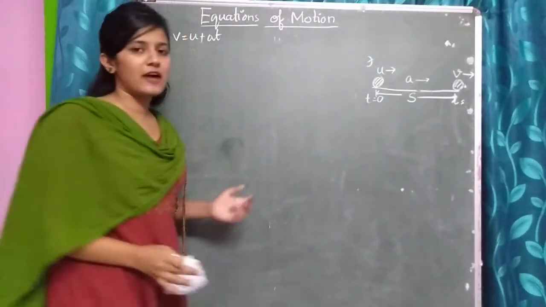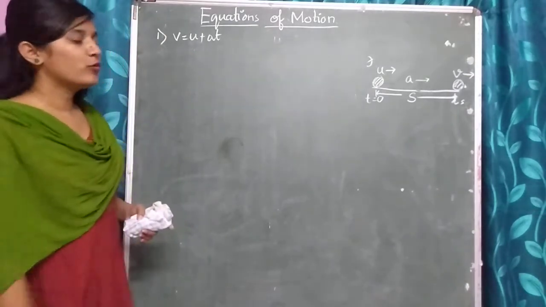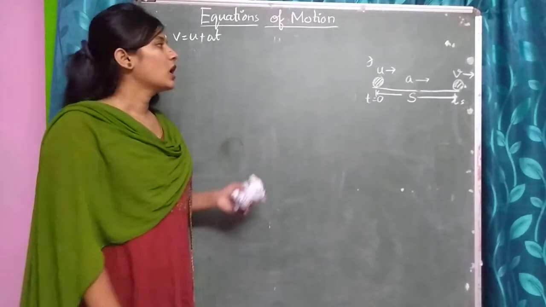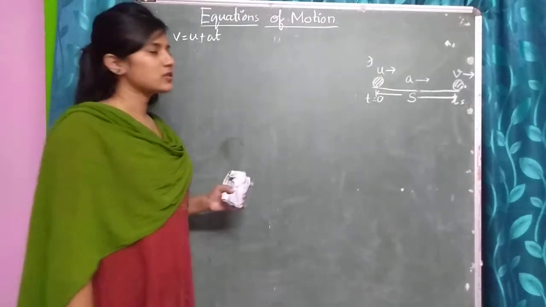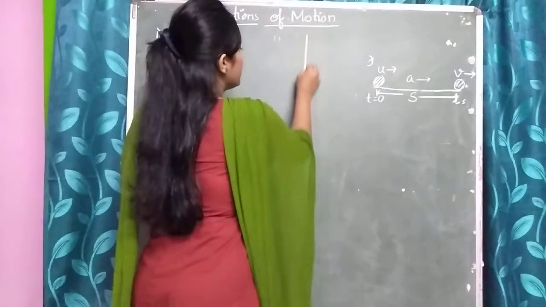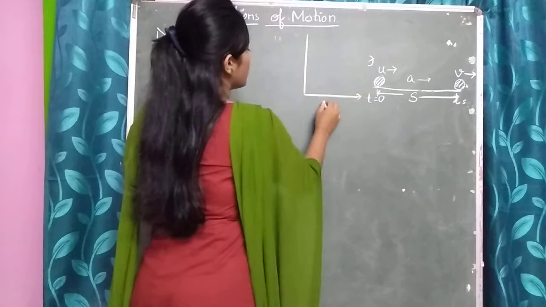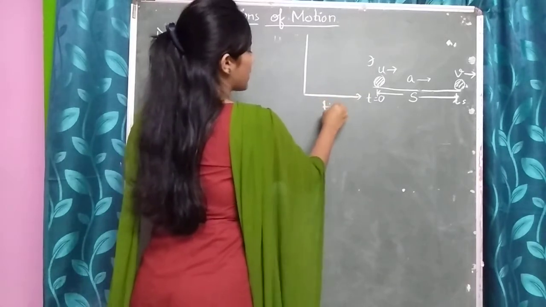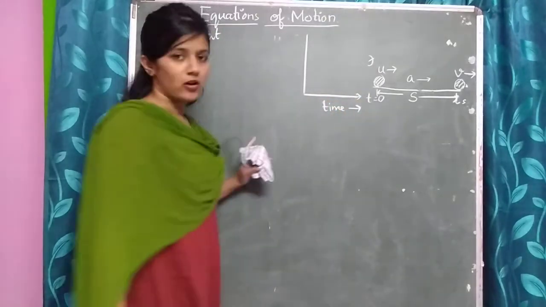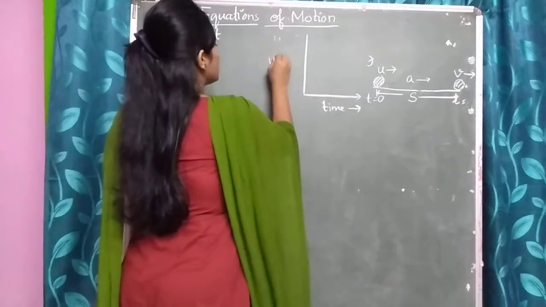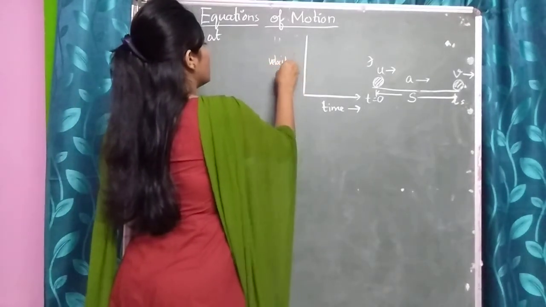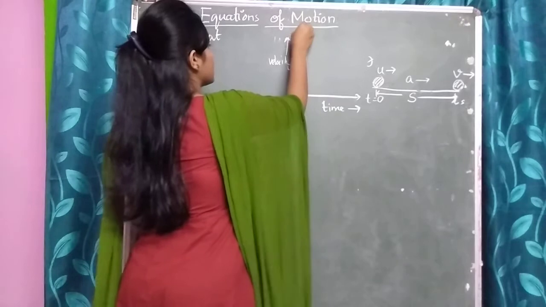So what will be the graph for a body moving with uniform acceleration? I have discussed it in the previous class. Suppose the graph is of velocity versus time. So time will be represented along the x-axis and velocity along the y-axis.